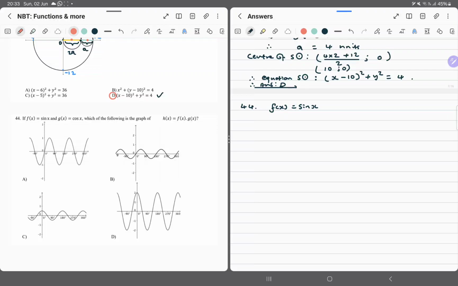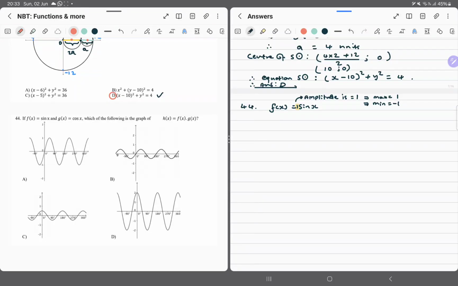Well, we know that the amplitude is 1 because there's an invisible 1 here, which is the coefficient of the trig ratio. So this means amplitude is equal to 1. Then it means our maximum is going to be 1, which also implies our minimum is going to be, sorry, not 1, but minus 1.